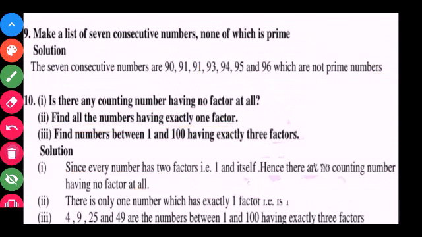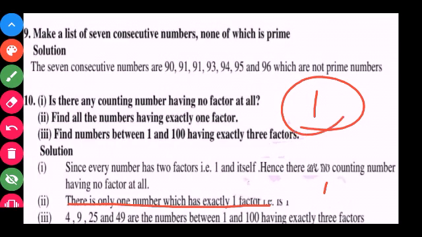So you know there is only one number which has exactly 1 factor. Which number? Which is 1. 1 is the only number which has only 1 factor. Now find numbers between 1 to 100 having exactly 3 factors.